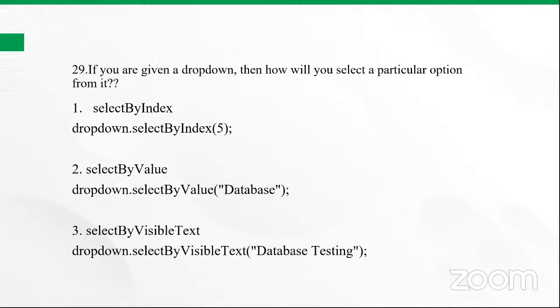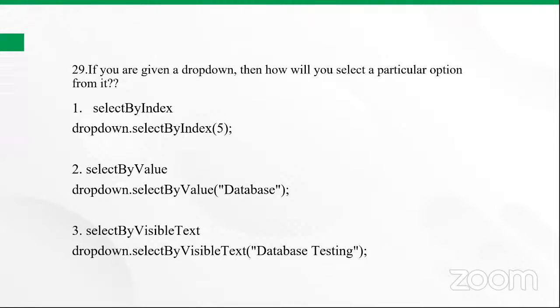Okay, value can be ID or name. No, value is an attribute. What you can do is, if you inspect an element, just like ID or name, there will be an attribute called value, and that value will have a value. Understood?